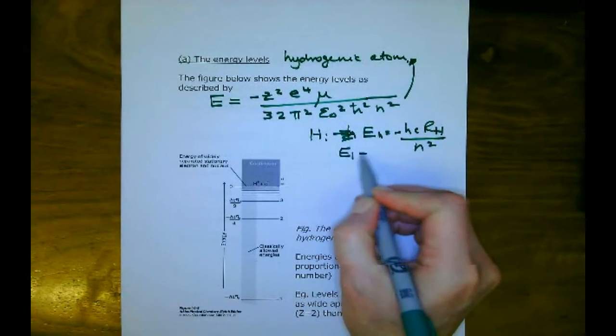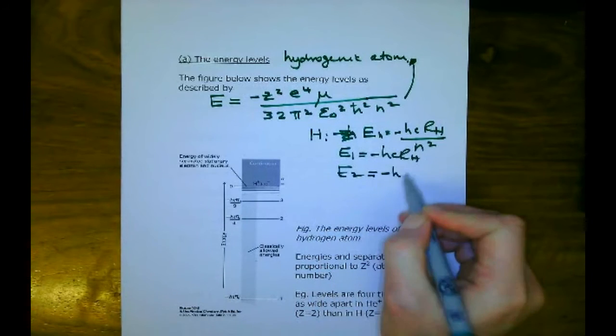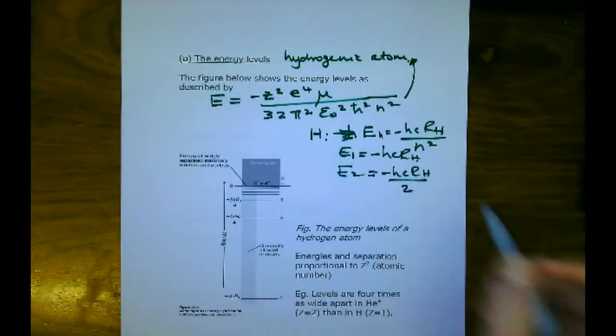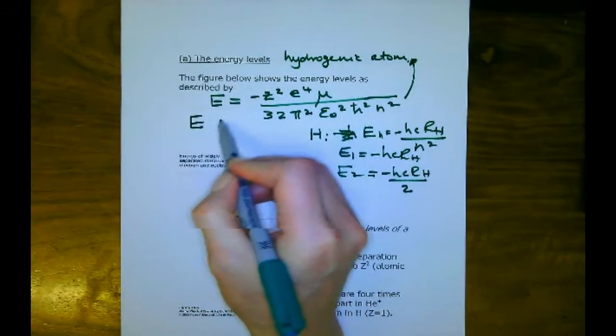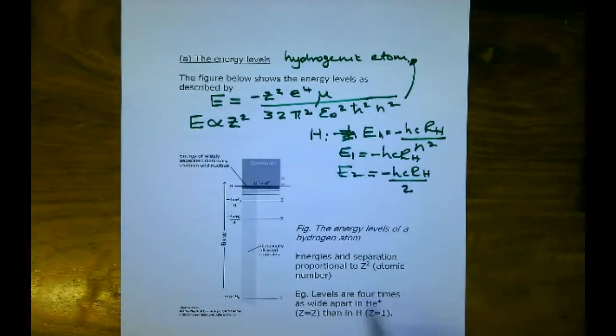So for hydrogen, E1 is that, E2, etc. If you look at this expression, you will see that energy is directly proportional to the square of Z. Because of that, the levels are 4 times as wide apart in helium than in hydrogen, because the Z of helium is more than the Z of hydrogen, and the energy separation is proportional to Z squared.